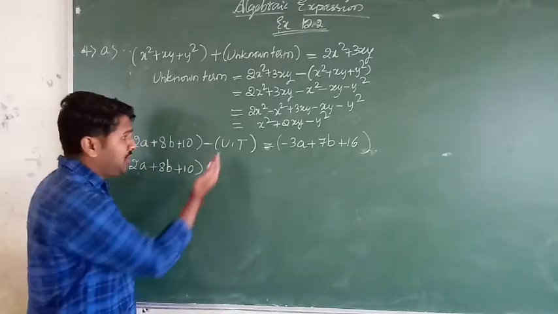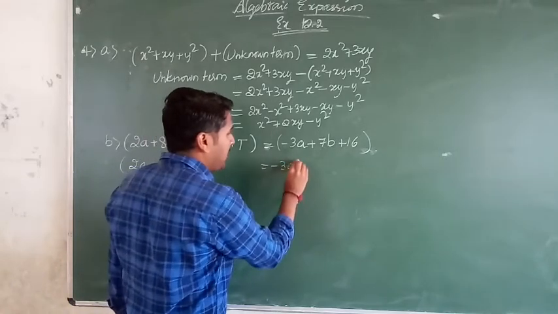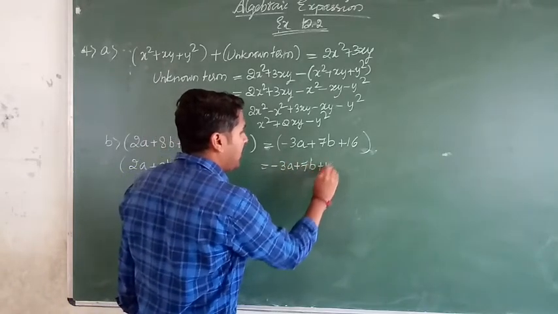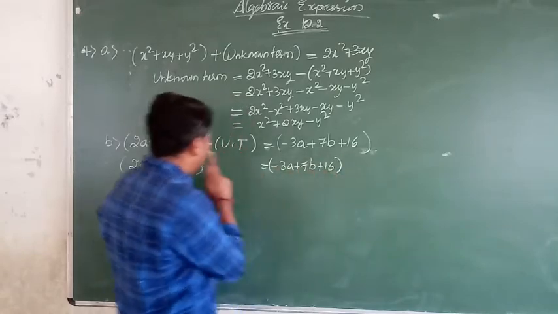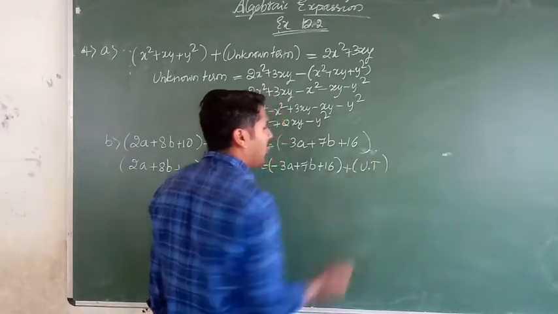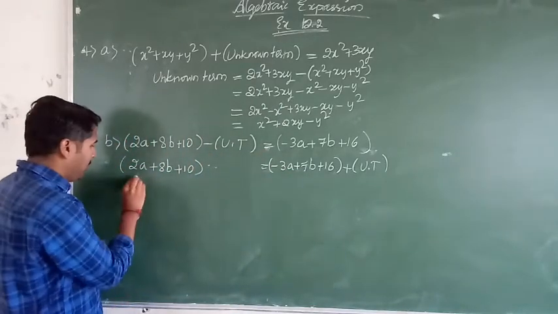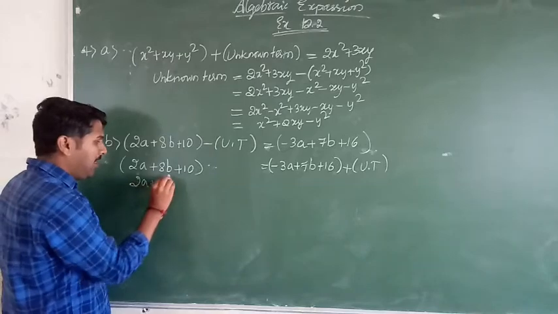Shift this first: minus 3a plus 7b plus 16. Here minus is there, the sign will be changed to plus unknown term. Now shift this to the left side: 2a plus 8b plus 10.